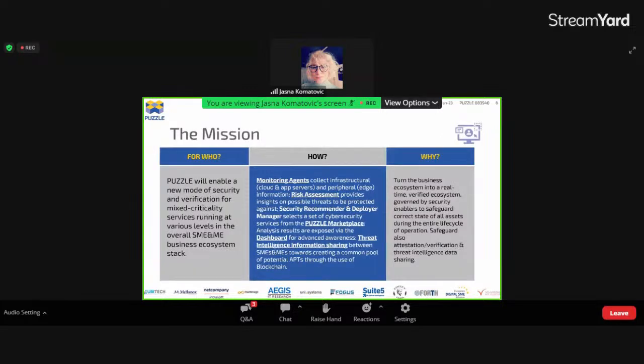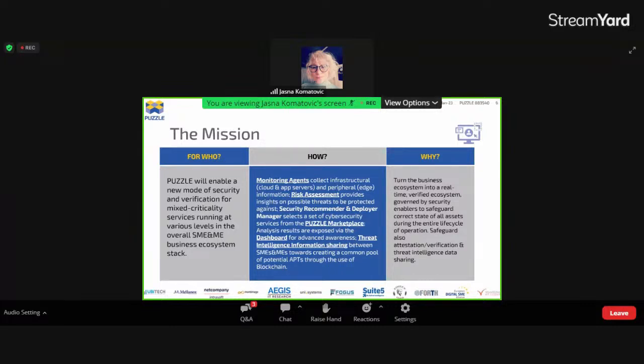The mission: almost all of us know and are very aware that cyber attacks and malicious online activity can cost companies everything, equally bigger and smaller. Protecting organizations is paramount for the project. We will enable a new mode of security and verification for mixed criticality services running at various levels in the overall SMEs and MEs business ecosystem stack.